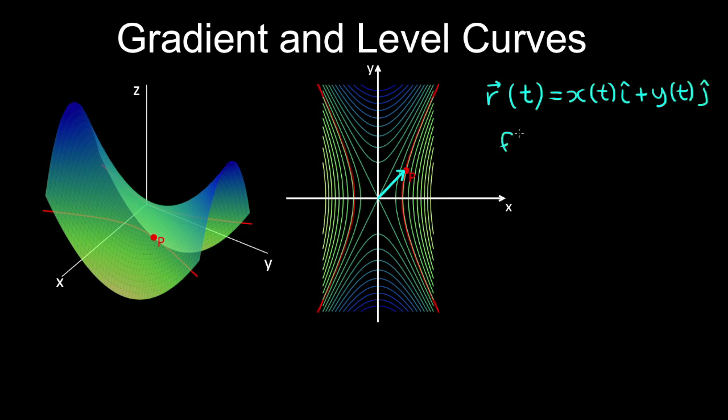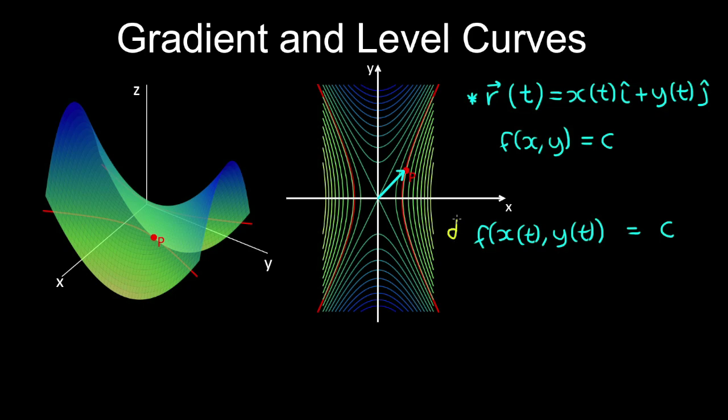So if a function of x and y has a constant value along a smooth curve defined by the following position vector using the parameter t, then this curve is a level curve of f, and therefore we can write f of x as a function of t and y as a function of t is equal to a constant.